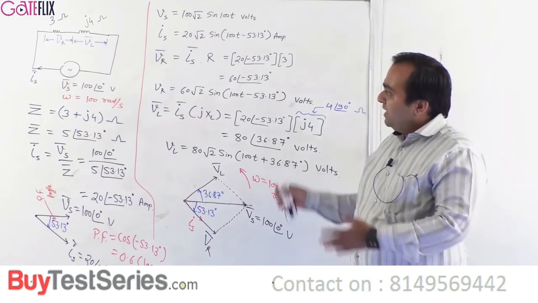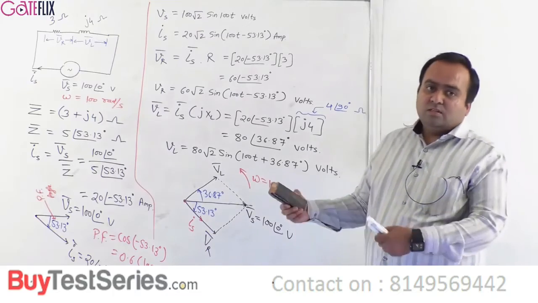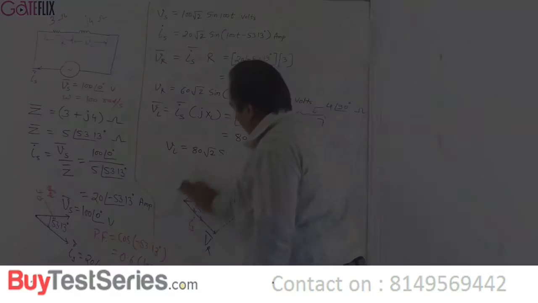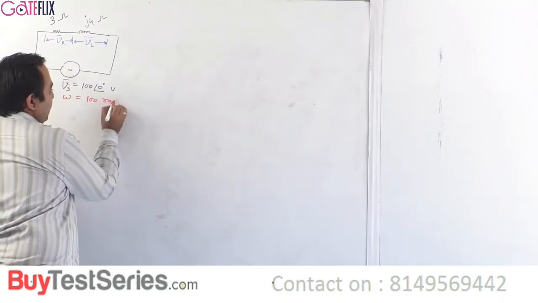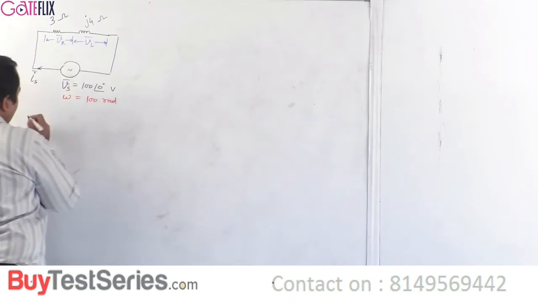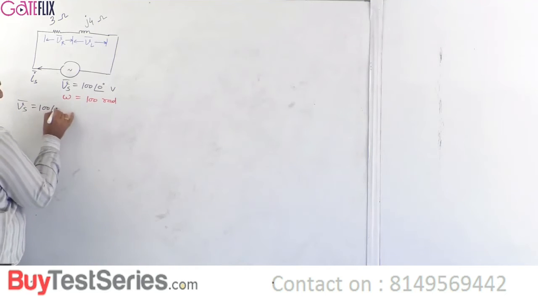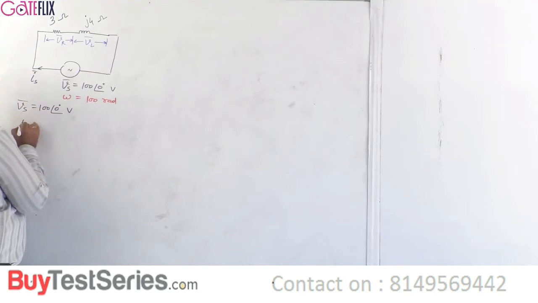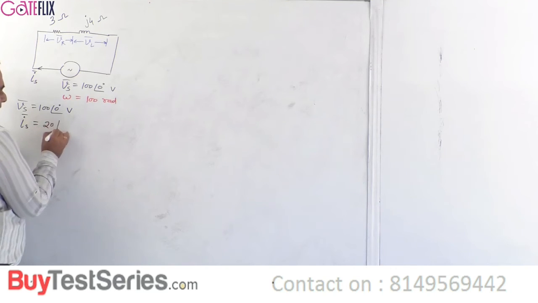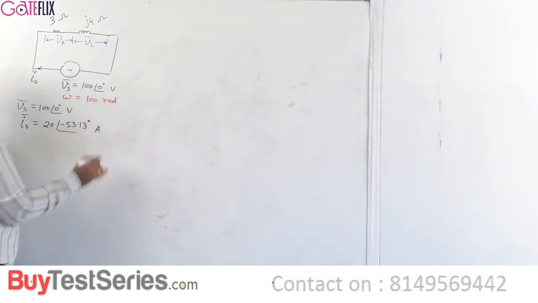Alright, so we can take these results further and we can do further calculations. Let us go to the power calculations now. So the results that we have is, we have Vs, which is already given, 100 angle 0 degrees volts, Is as 20 angle minus 53.13 degrees amperes.